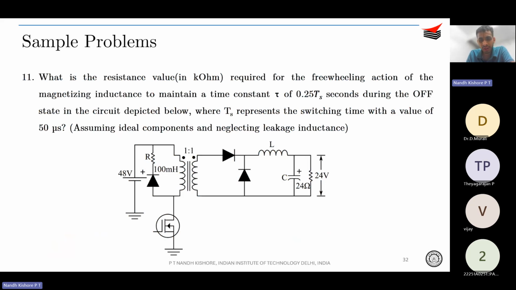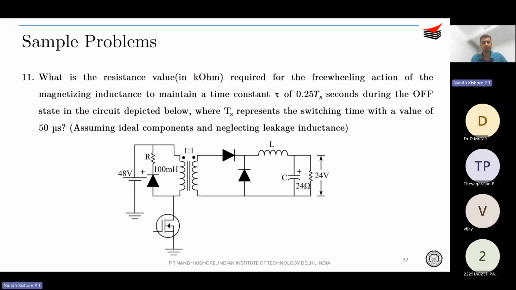So everything is given, that is the output voltage, output load, and the input voltage, and the magnetizing inductance Lm is also given. And they have given that the time constant tau is 0.25 ts. Okay. And ts is 50 microseconds, therefore tau is also given. What is the resistance value required?